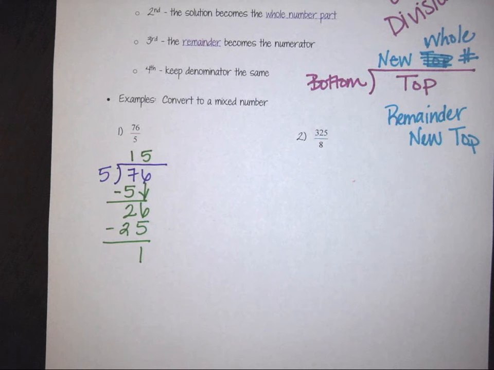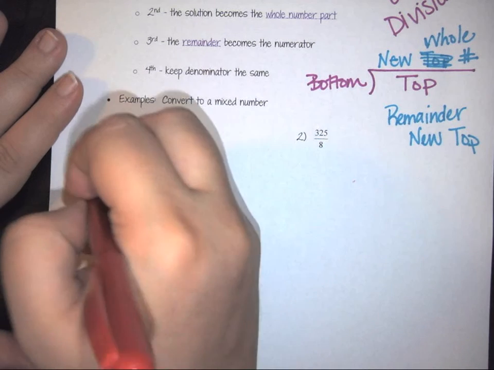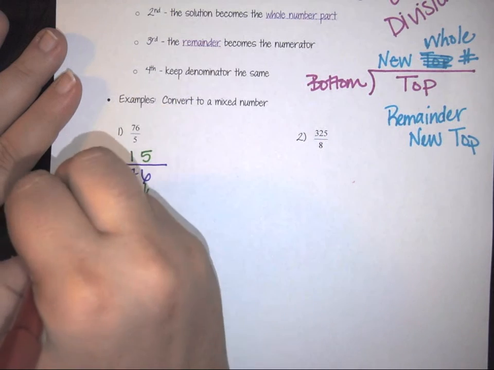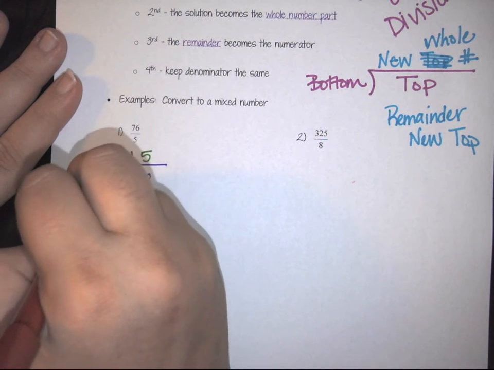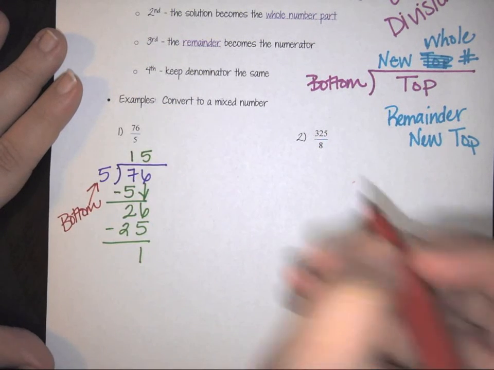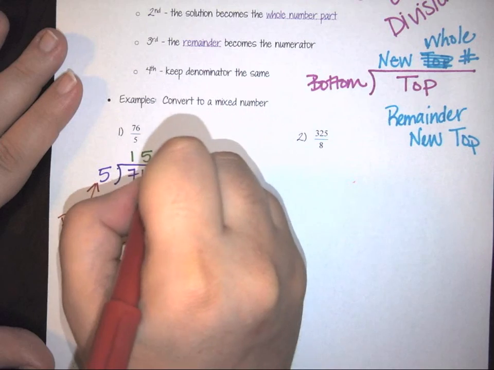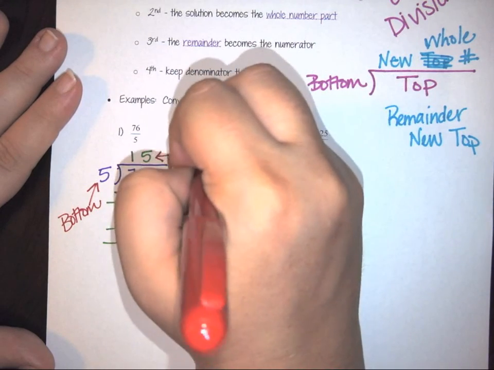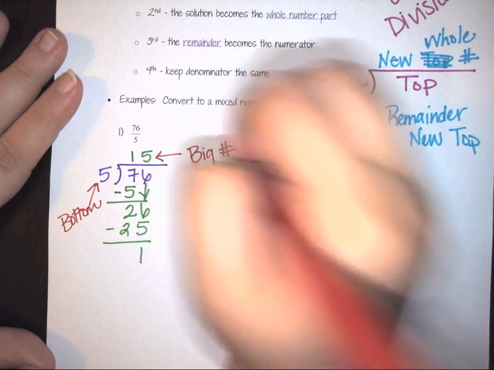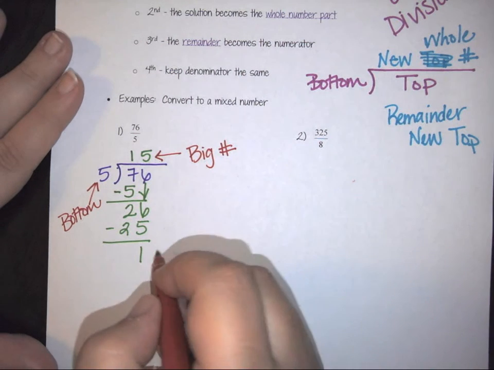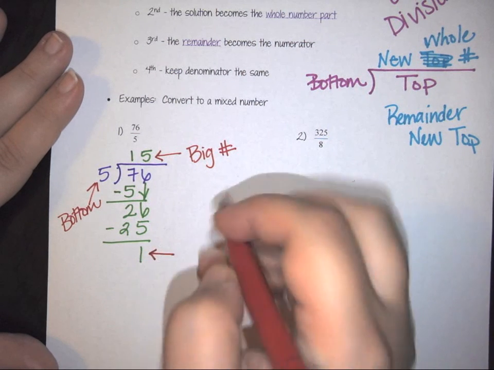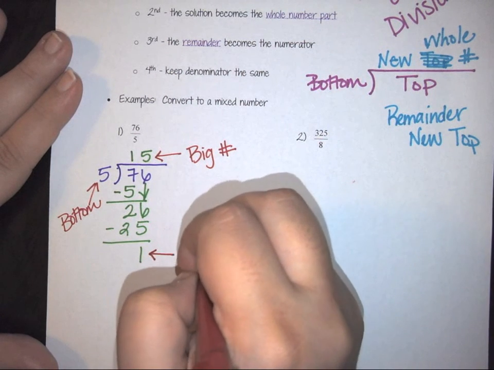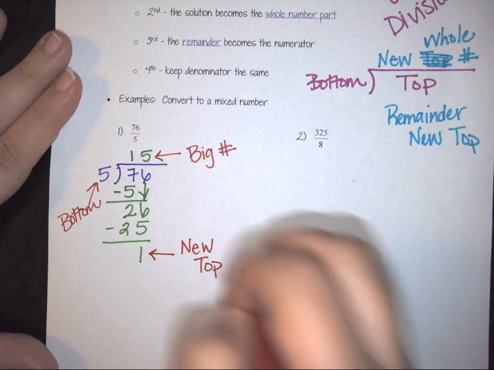So again, we need to remember what all of our pieces are. Our bottom here is still the bottom. My result up here is going to be the big number, or the whole number. And my remainder down here is going to be the new top number.